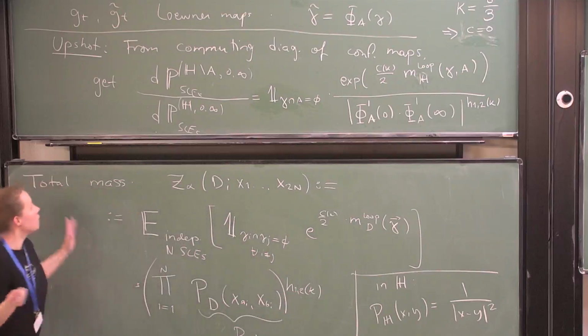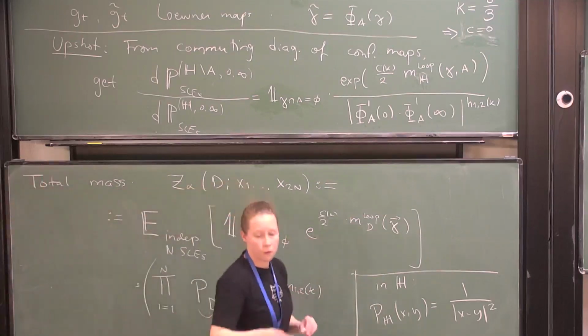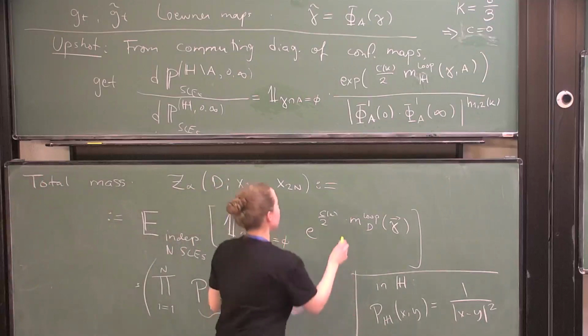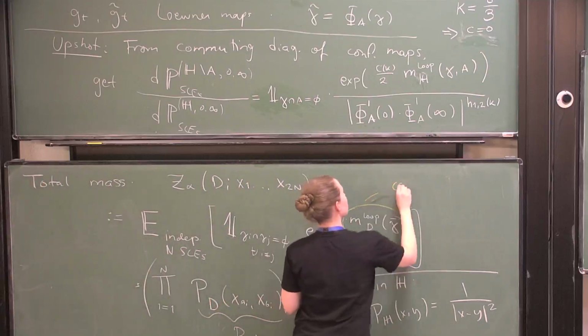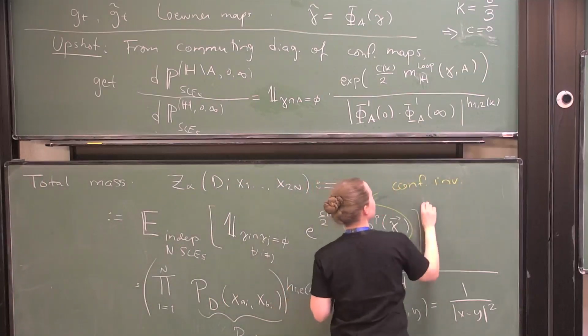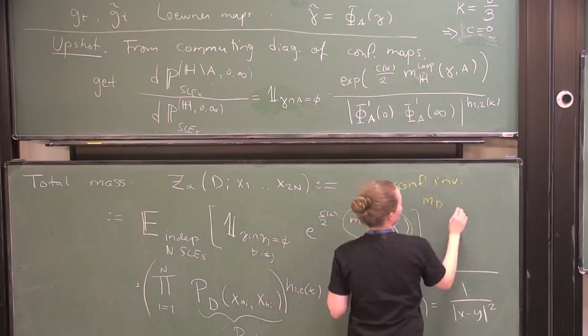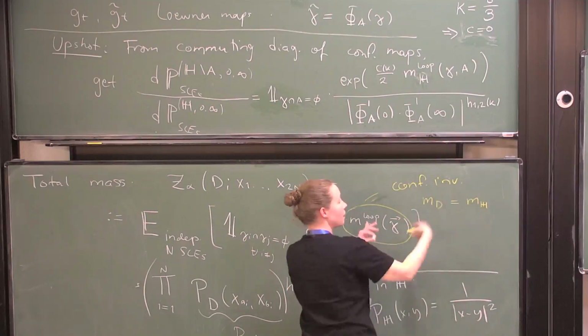So the point is that you can actually prove that this is conformally invariant somehow. So you can send this M_D to be the same as M_H once you send everything.